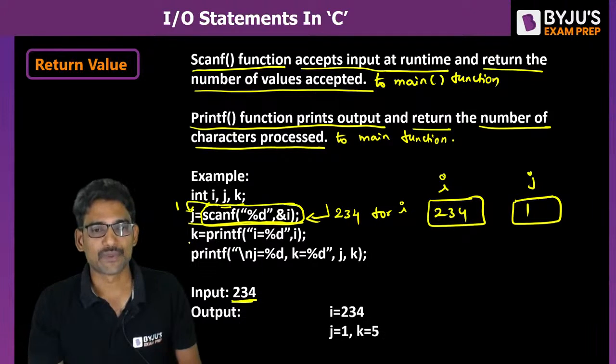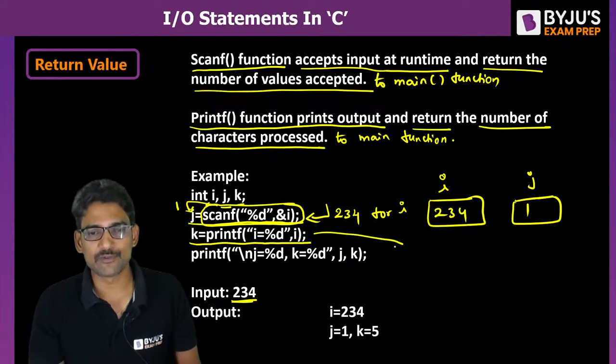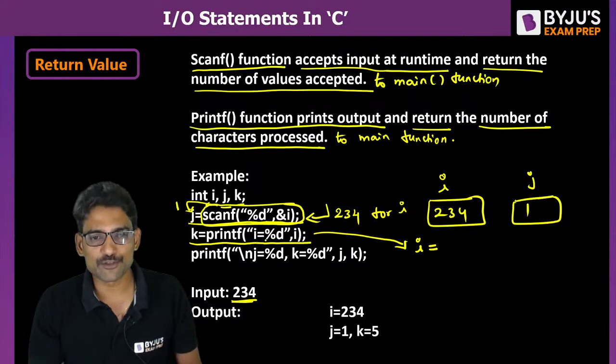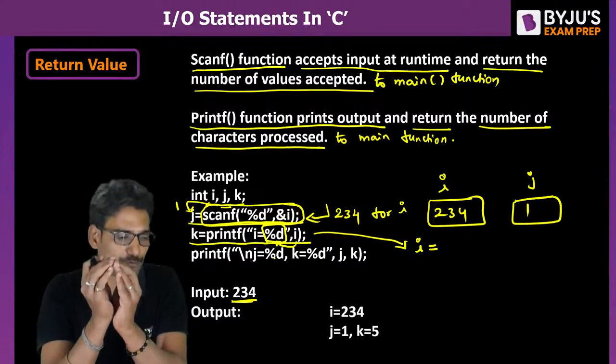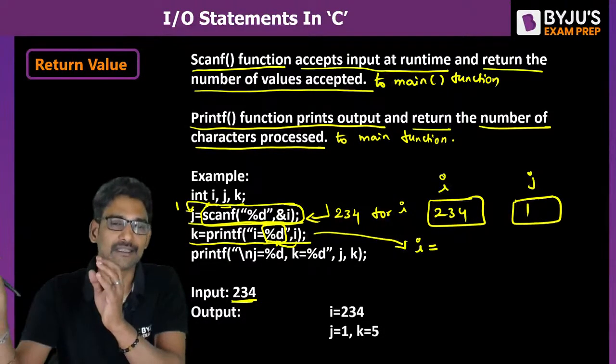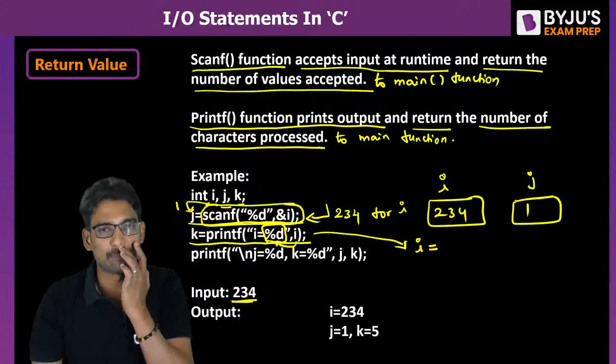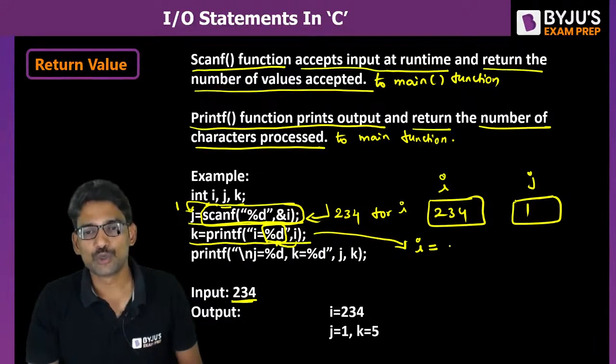Now you see, k equal to printf, i equal to %d. So how will it print? i is equal to, and in the place of %d, the i value comes, dear friends. In the place of the format specifier, values come in the same order. What is the i value? 234.